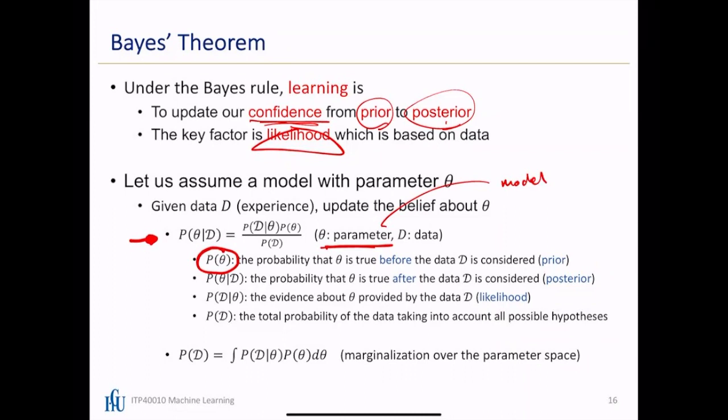The prior is the knowledge about my model, the probability of my model being true before I see any data. The full purpose of doing this is getting this guy, the posterior distribution. This is the probability of my model being correct after I see a set of data.